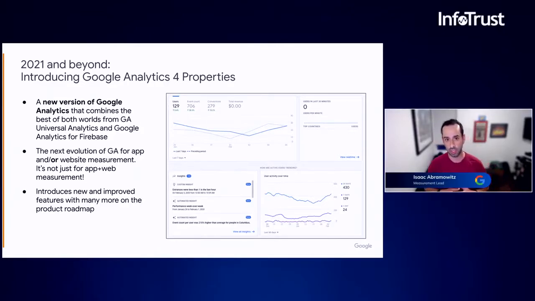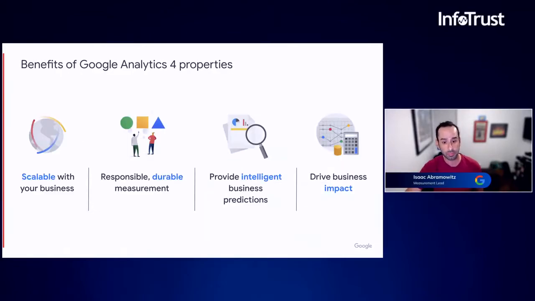It's the next evolution of GA for app and or web measurement. Don't be confused, because this is a product that is really for advertisers that have an app and or a website. And it introduces a lot of new and improved features with many more on the product roadmap.